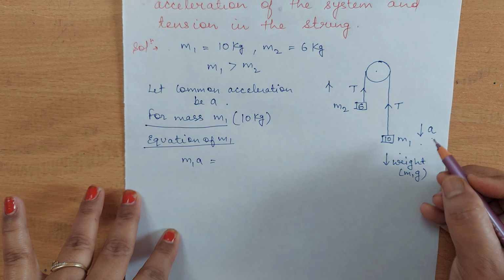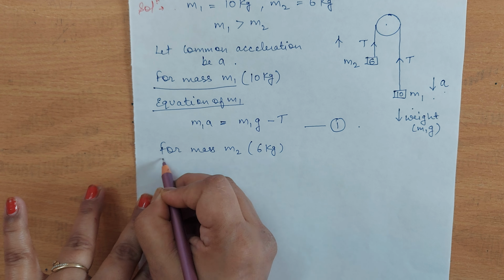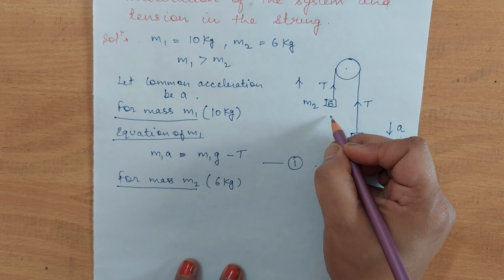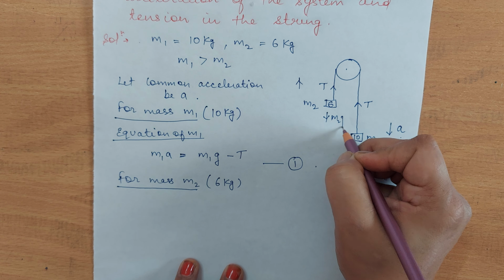Second, for mass m2, which is of 6 kg, we can see there is the downward force, which is the weight m2g.